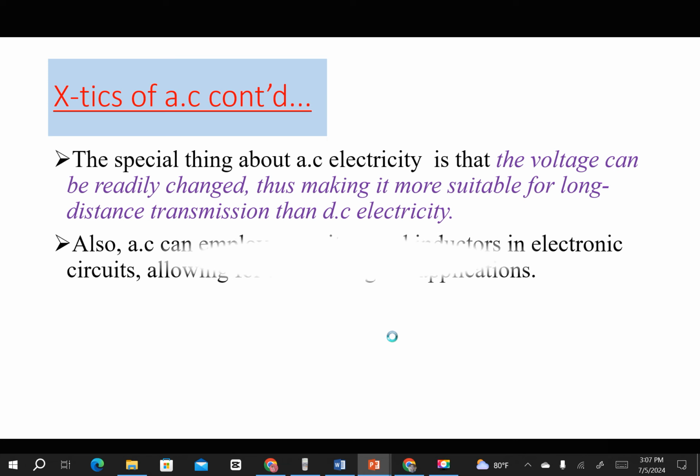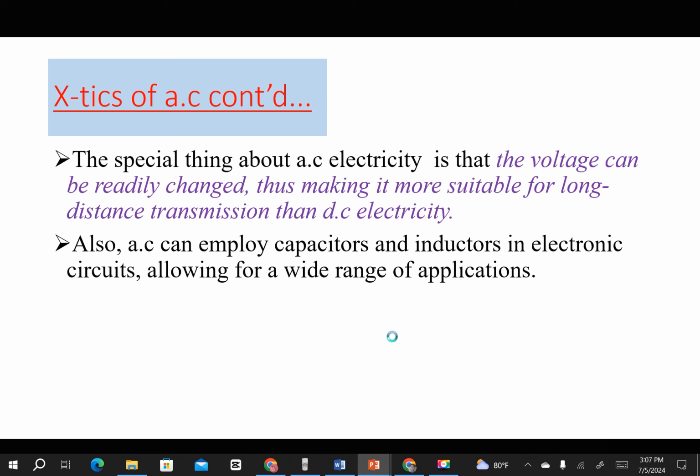And not only that, I've also mentioned that using several capacitors in the laboratory, inductors, using several electronic circuits, we can convert alternating current to direct current so that we can use it in a wide range of applications, or in so many appliances at home. Therefore, alternating current is extremely special. We can easily step it down or step it up.